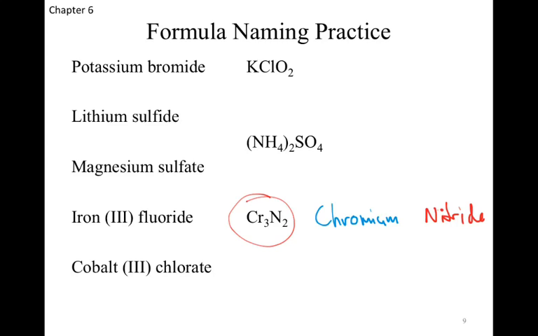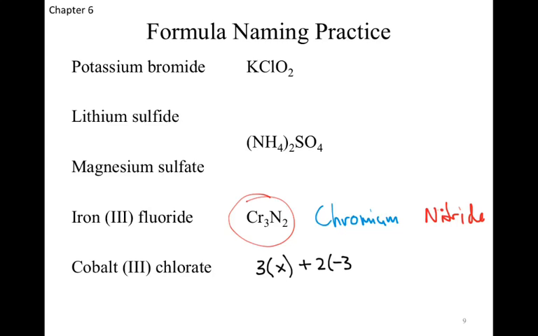Is chromium one you know the charge of? Nope. So we're going to have to specify it. You may or may not be able to figure out exactly what it is by looking at that formula. So what we can go through and do is say there are 3 chromium atoms times an unknown charge plus 2 nitrogen atoms.